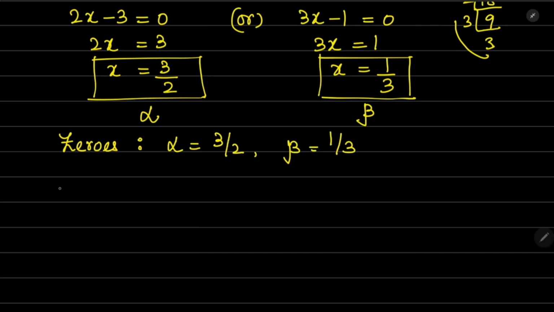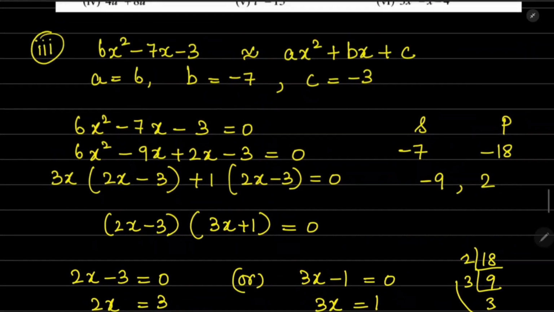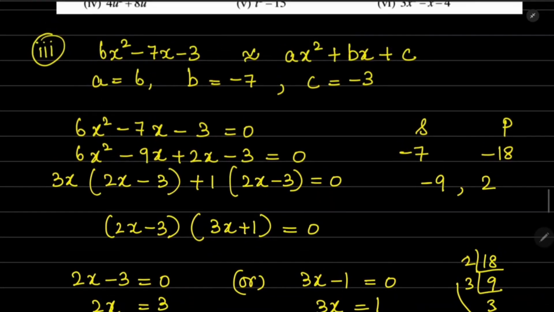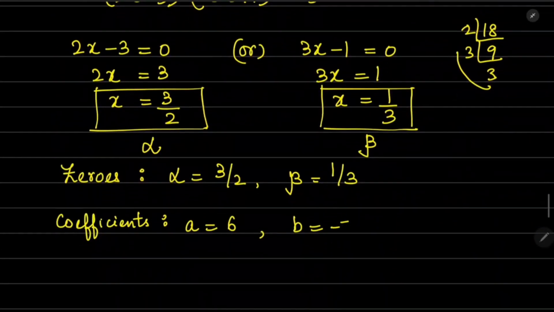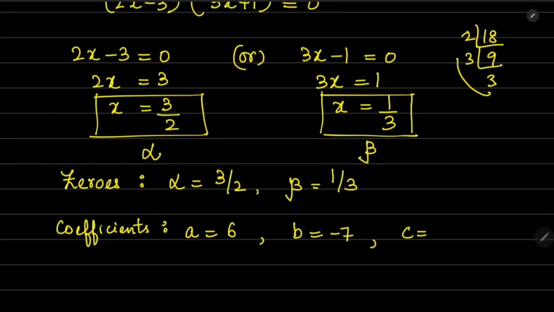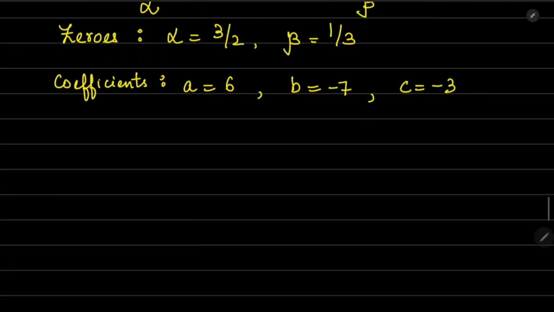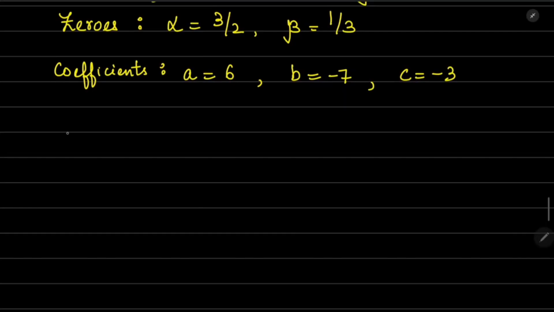And what are the coefficients? Coefficients of the given quadratic polynomial. What is A? A is nothing but 6. B is nothing but minus 7. And what is C? Minus 3. Now let us easily verify our relationship between zeros and the coefficients.